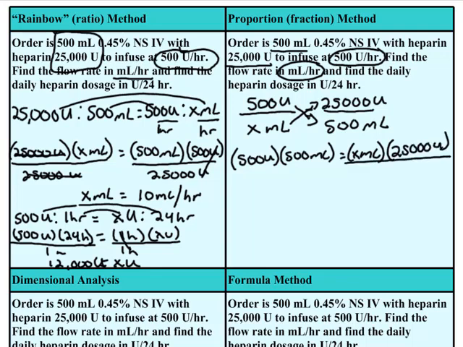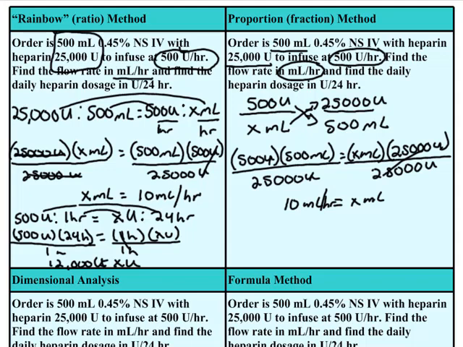We then will divide both sides by the 25,000. And in doing so, we will find that our X milliliters is equal to 10 milliliters. Again, this is still per hour because we never changed the time period we were talking about.